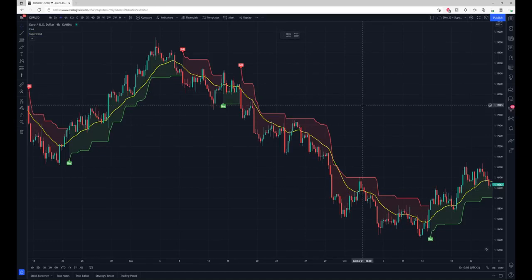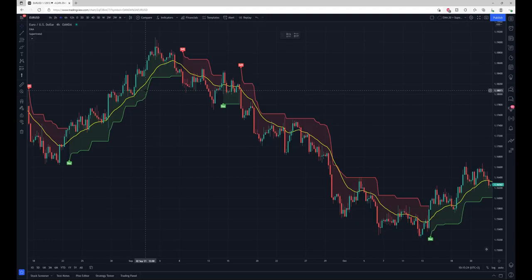Now for this strategy, the super trend will be used as the basic trend direction indicator, meaning you can only take a short position and look for short trade setups when there's a red super trend. And when there's a buy or green super trend, you're only going to look for a buy position or buy setup.